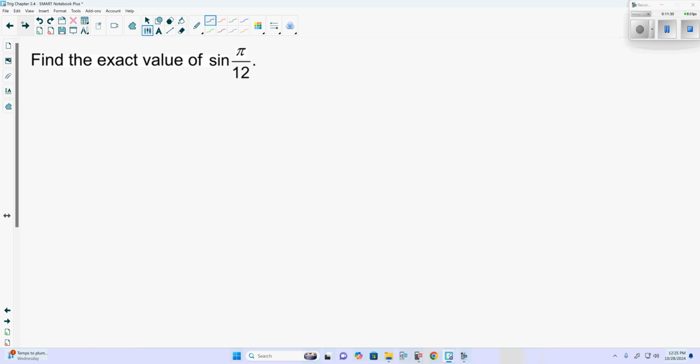Now those aren't too bad, especially when they give us u and v, our two angles that are added or subtracted from each other. Now when they just give us sine of an angle, especially in radians, it might be hard to see what two angles we're either adding or subtracting to get pi over 12.